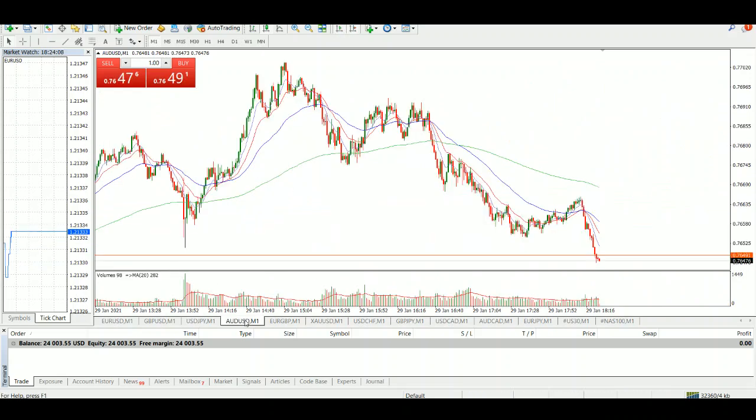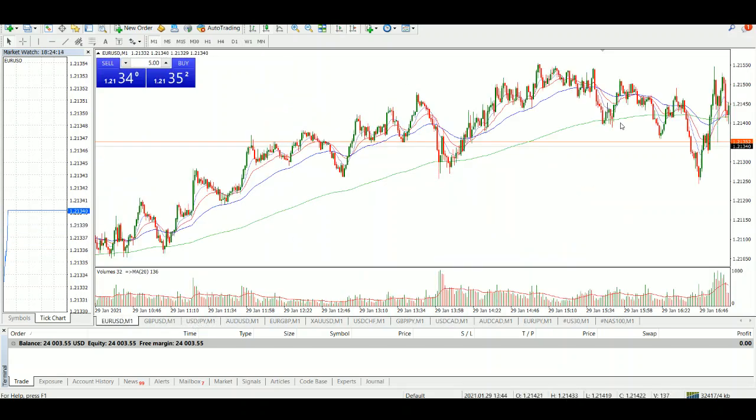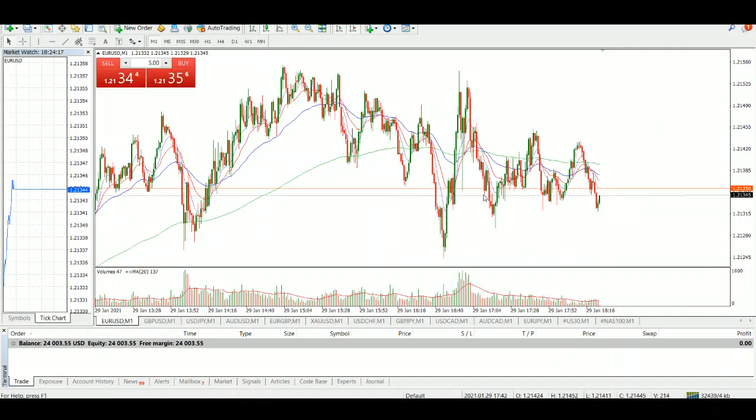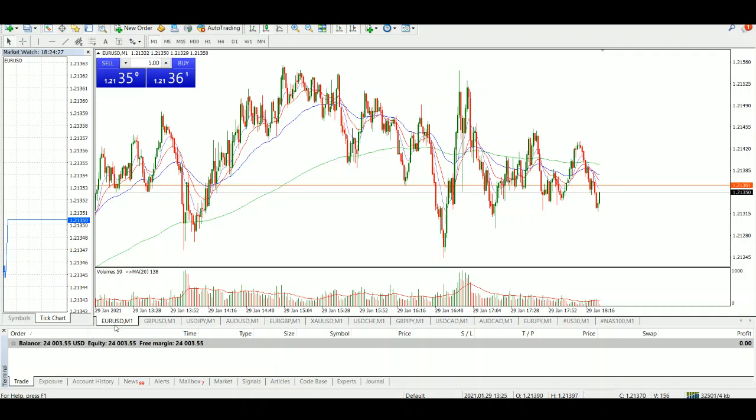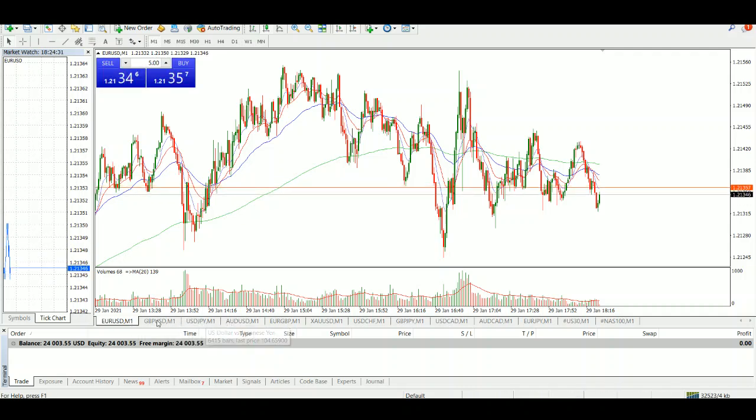Almost all of them are connected. The AUD dollar is in a downtrend for the moment, while the others are not in a trend. So pay attention: it's not a rule that if the euro dollar is trending, all of the others are trending. No, it's not like that. But they are connected, since they all have some currencies in common.